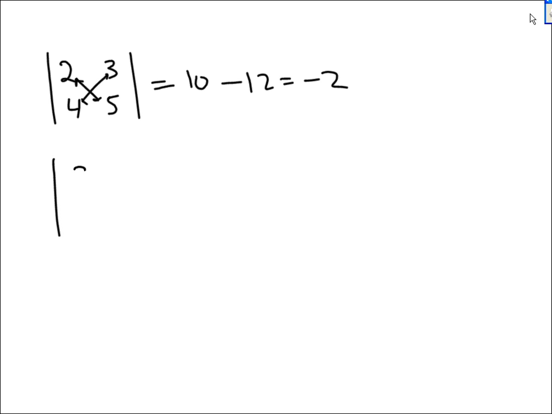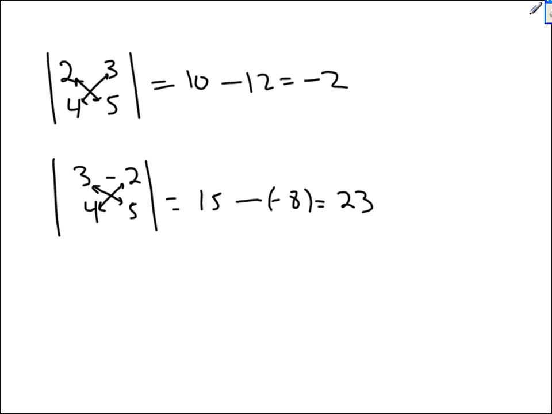The determinant of 3, -2, 4, 5 is going to be 23, because this product is 15, minus this product, 4 times -2, which is -8. And that's 15 plus 8, or 23.